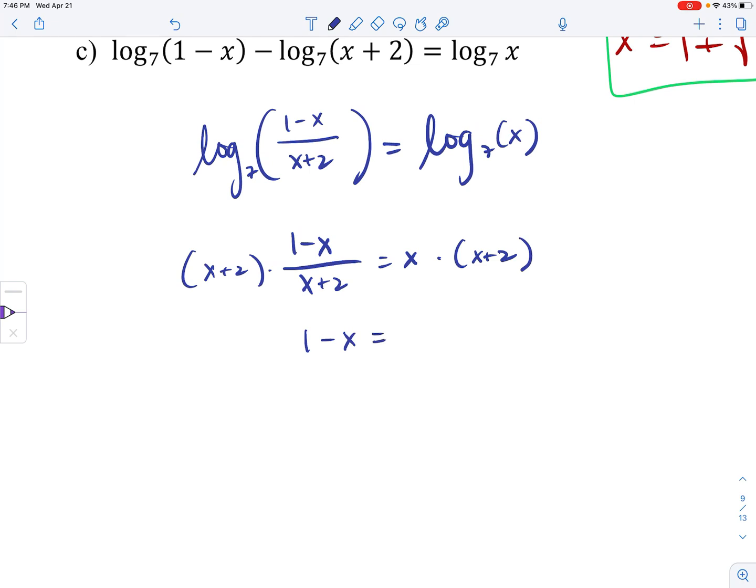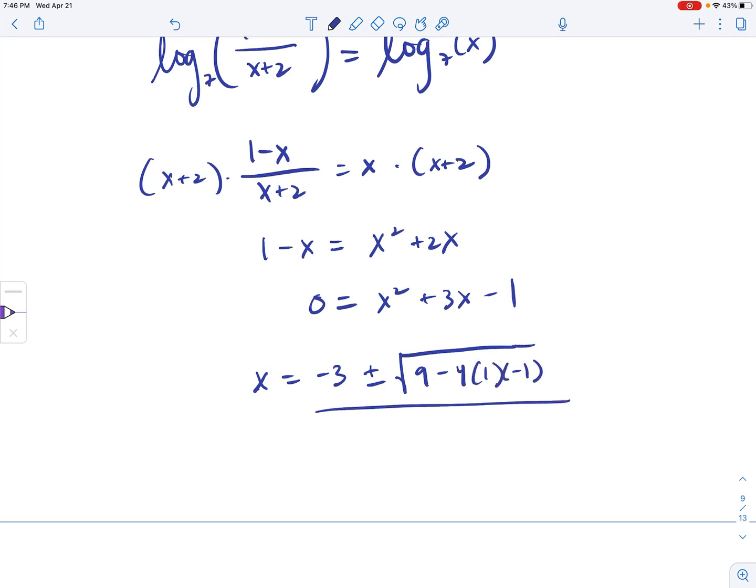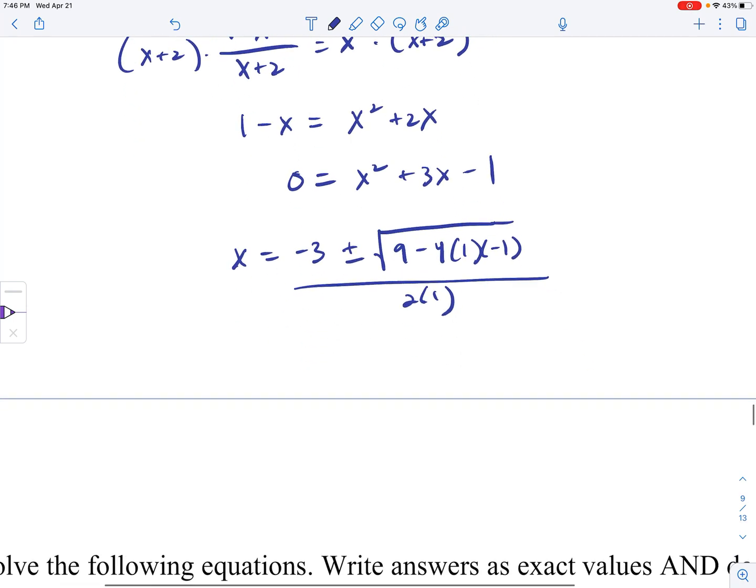So 1 minus x equals 2x squared plus 2x, which is 0 equals x squared plus 3x minus 1. Using the quadratic formula, because that does not factor, we would get negative 3 plus or minus the square root of 9 minus 4 times 1 times negative 1, all over 2 times 1. The radical simplifies to be the square root of 13.